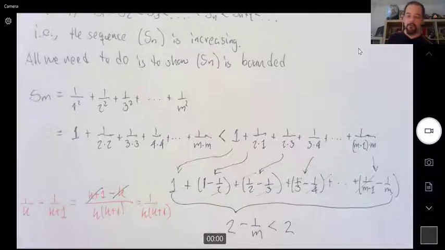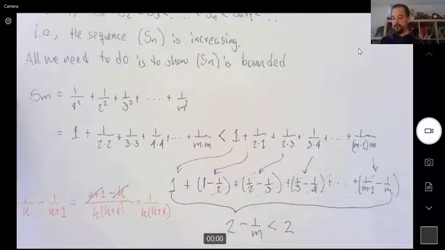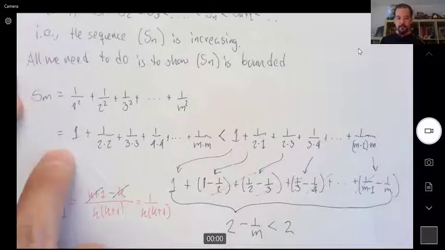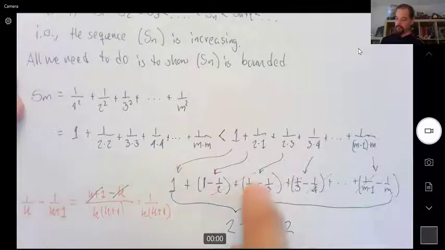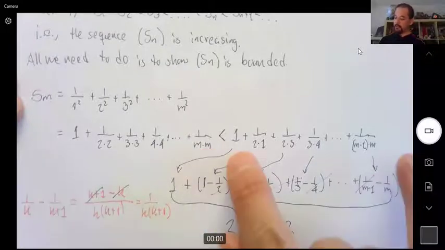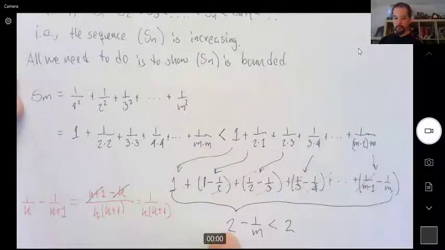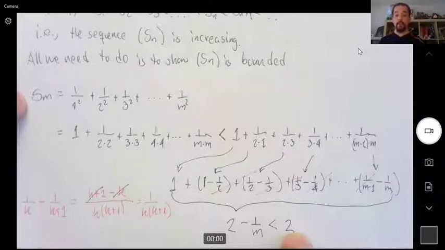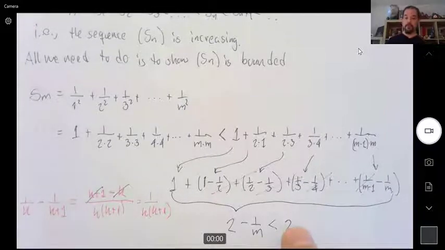So let's backtrack and see what we just argued. I started with an arbitrary S_m. I showed that this is even smaller than this one. I added up this one, and it is 2 minus 1/m, which is less than 2. So that means the original one is less than 2. That means 2 is an upper bound for that sequence. And it's made up of positive terms, so 0 is a lower bound.